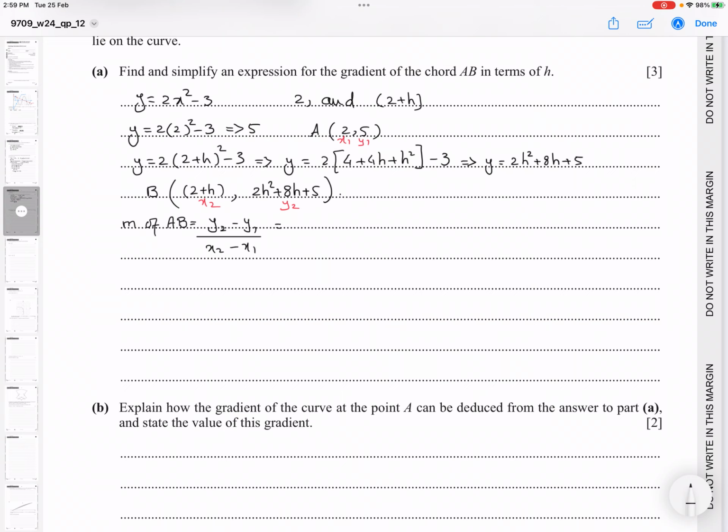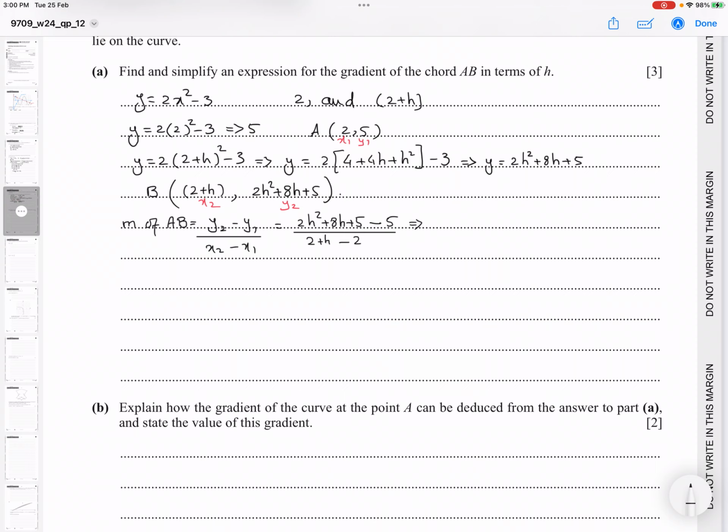So y2 is 2h squared plus 8h plus 5 minus y1, which is 5, over x2 minus x1, which is 2 plus h minus 2.